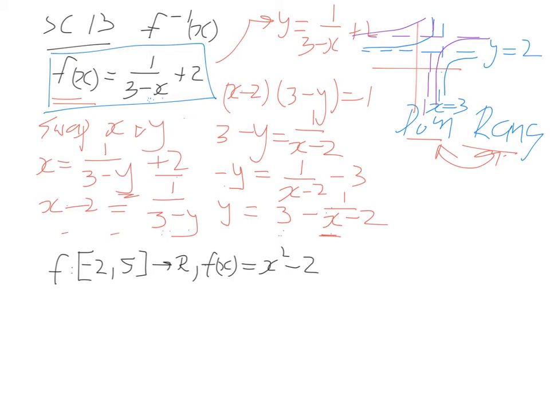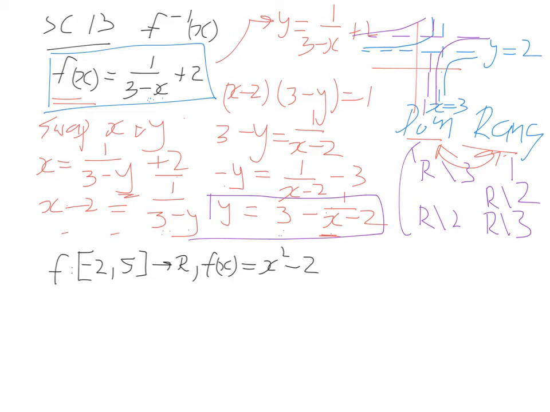If you're asked to state the domain, the domain of the original is all real numbers apart from 3, and the range is all real numbers apart from 2. Well then, for the inverse, the domain is all real numbers apart from 2, and the range is all real numbers apart from 3. Now, I forgot to do something here.